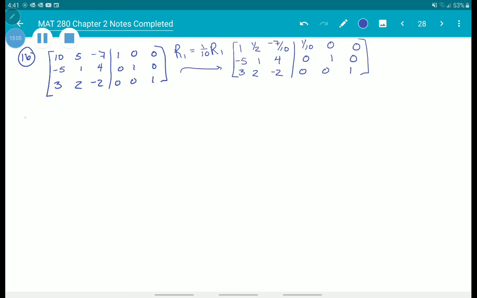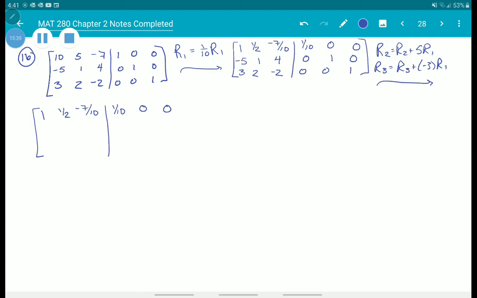So row 2 is going to be row 2 plus 5 row 1. Row 3 is going to be row 3 plus negative 3 times row 1. We're going to have to be very careful. Top row stays the same.